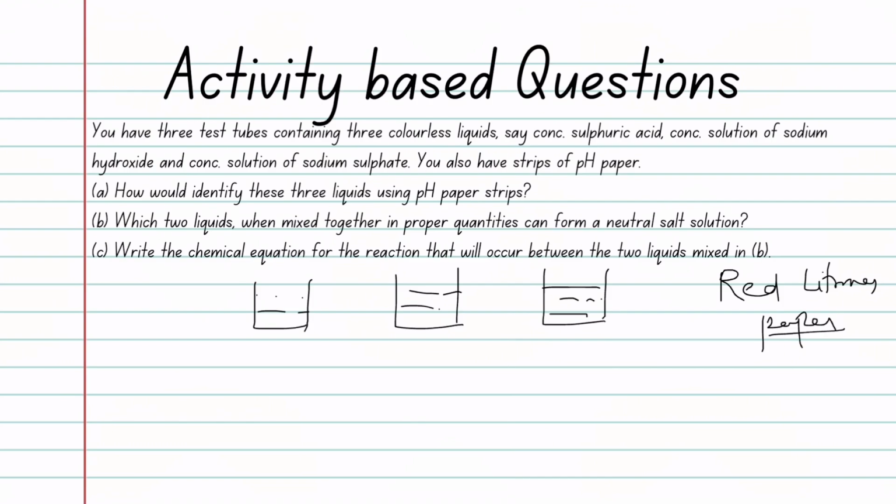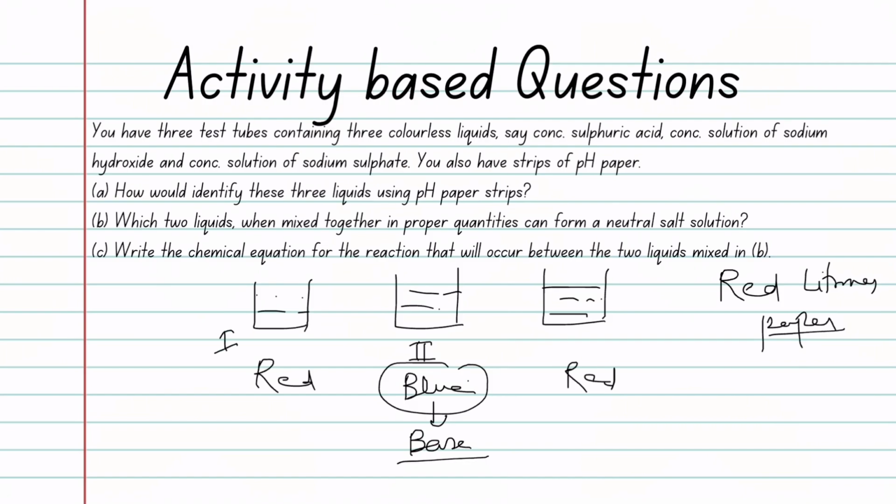So let's say in the second case it turned blue. Okay, in the first and the third case it remained red. So we know this one, second one, is a base. But we still don't know whether first one is acid or the third one is acid, right?